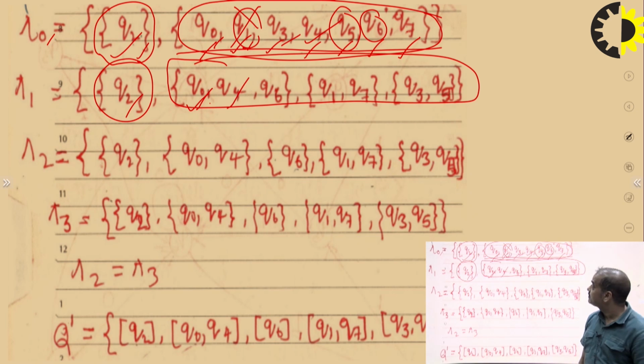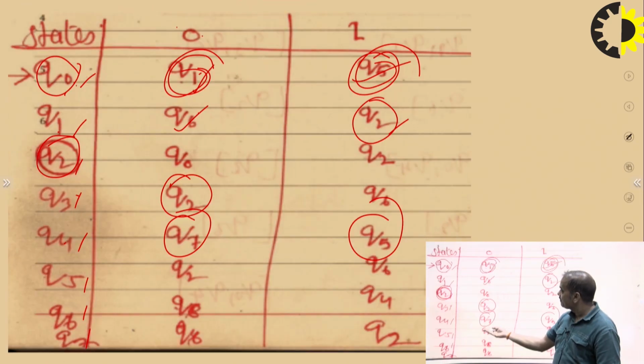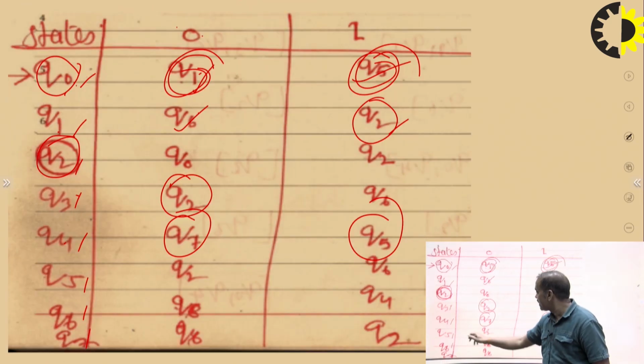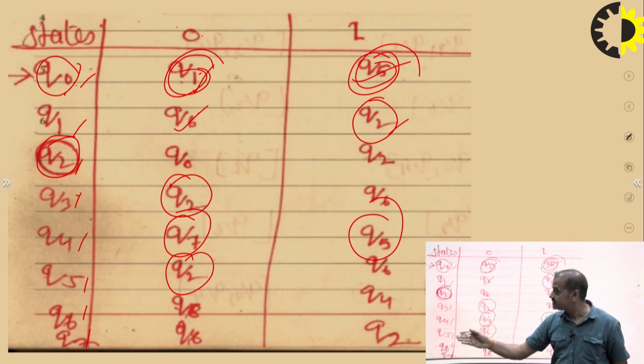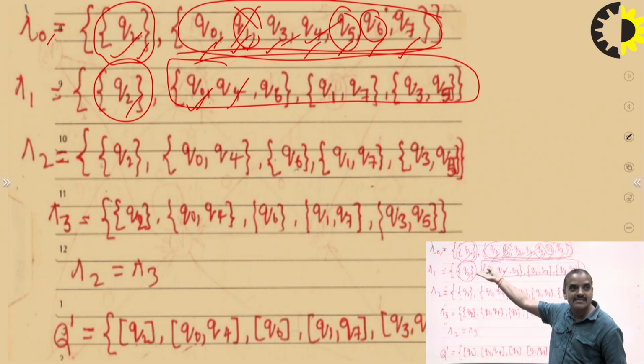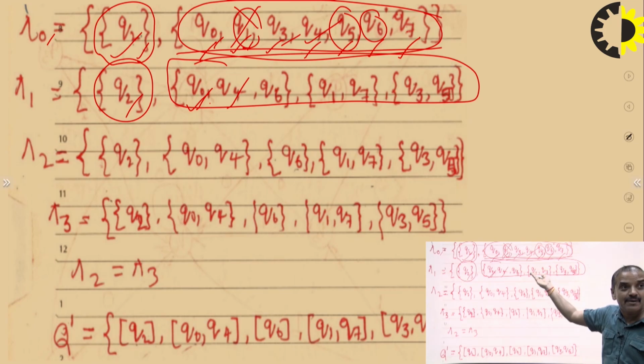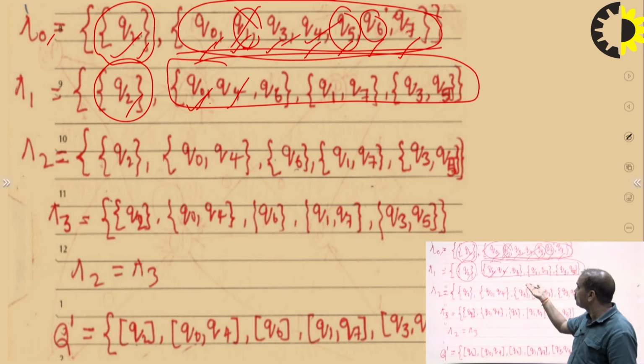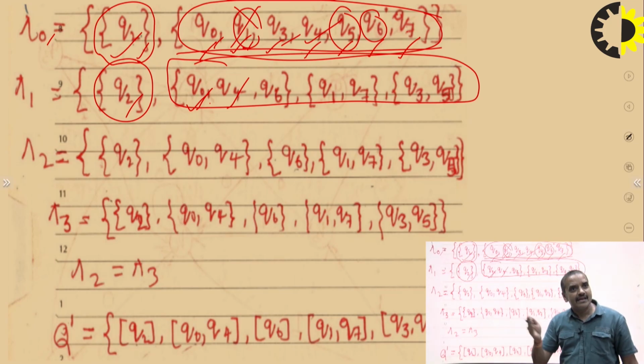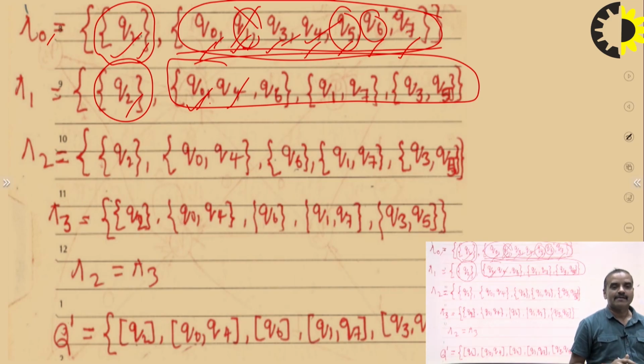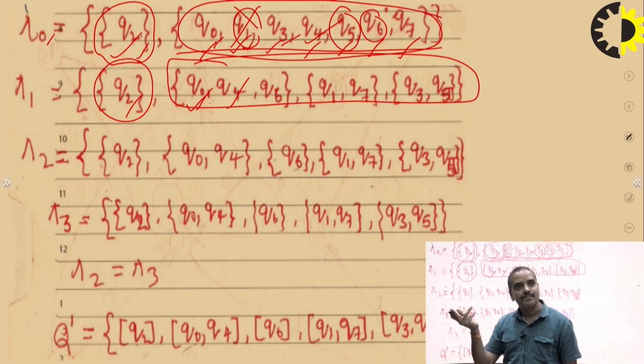Now check Q0 with Q5. For input 1, we get Q2, which is in a separate brace, and Q5 in another. So there is no need to check for 1. If the first condition fails, we do not need to check the next. If the first condition is okay, then we check for 1.